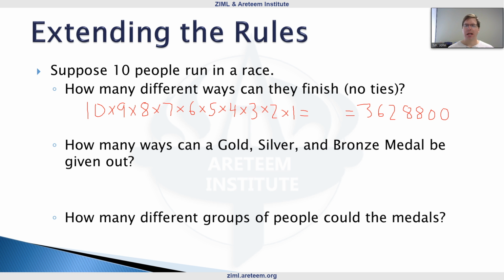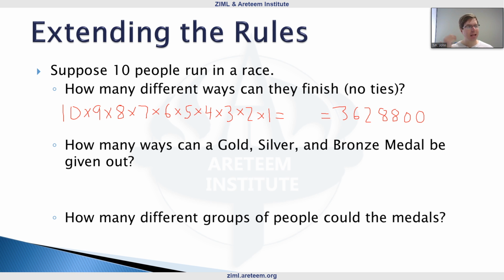And as people are saying in chat, we have an excited 10 as our answer here. Of course, no, this isn't an excited 10. This is 10 factorial. So 10 factorial is our new notation that we want to make sure we're okay with, and know that that is what it is.